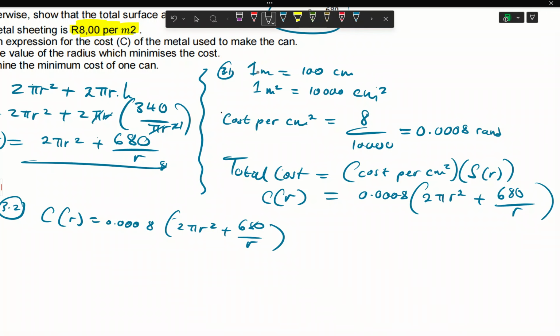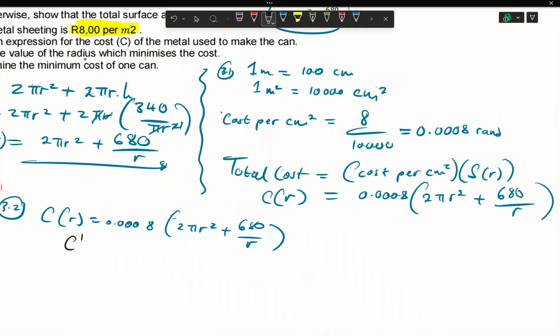Just know that 1 meter is equal to 100 centimeter. And if you're dealing with meter squared, just square everything. You understand? When you square everything, now you have centimeter squared. So that's the convention. But still, why are we dividing? Now I'll show you. Okay. So now you have to take the derivative.